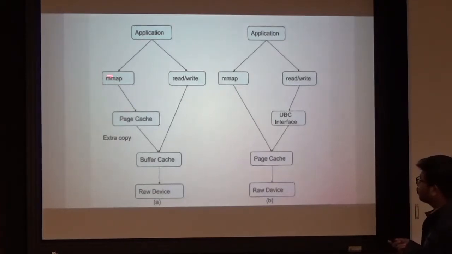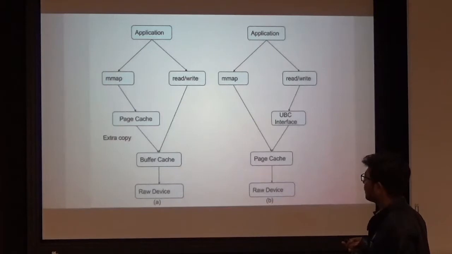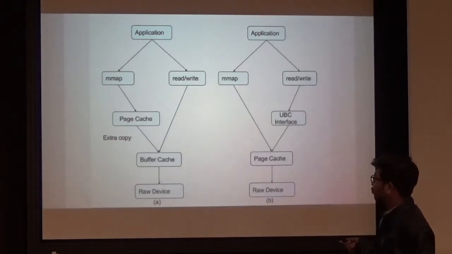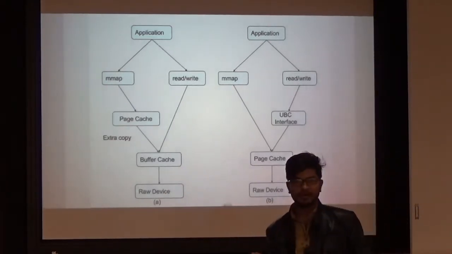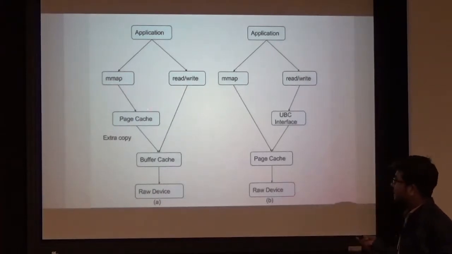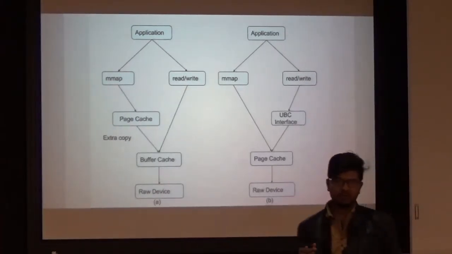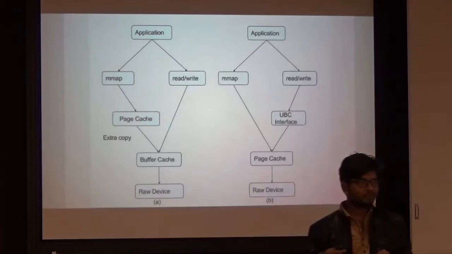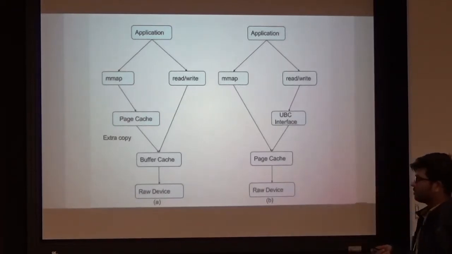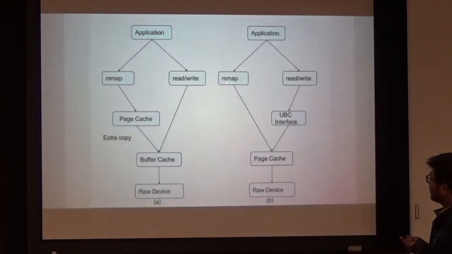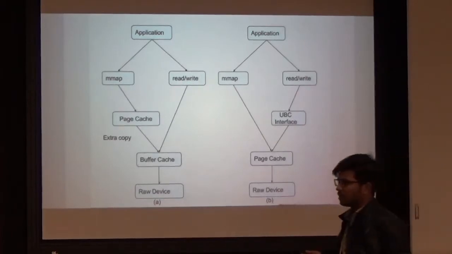But those 2 ways to access file data are implemented above 2 different subsystems of the kernel. mmap is implemented above the virtual memory interface, UVM, and the read/write system calls are implemented above the I/O subsystem.